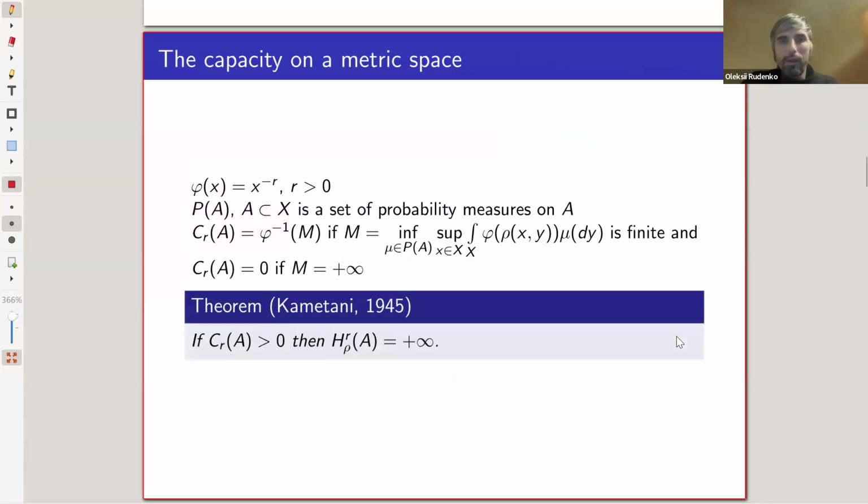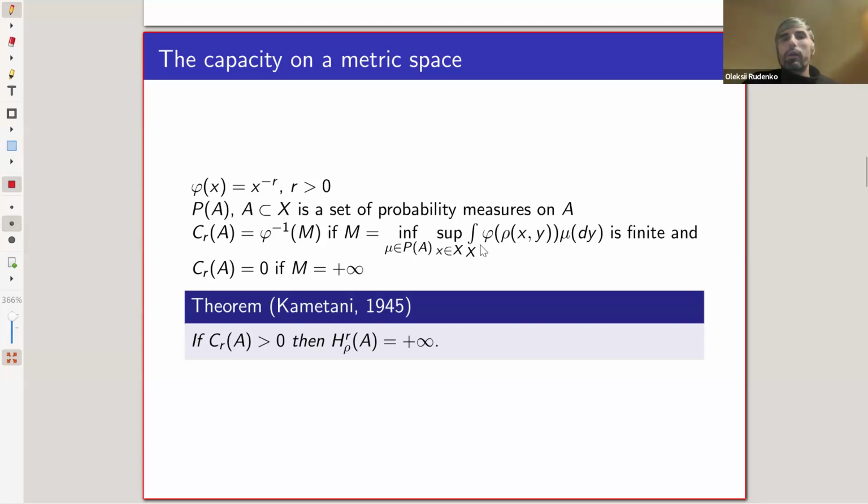It is interesting, and I think relevant, that we can also define a capacity related to basically the same construction. Suppose that instead of x to the power r, we have x to the power minus r here.